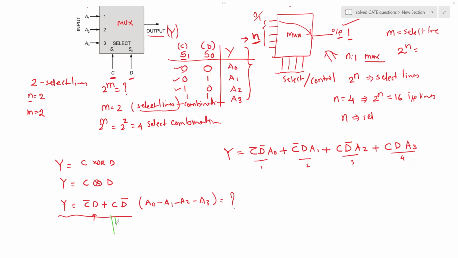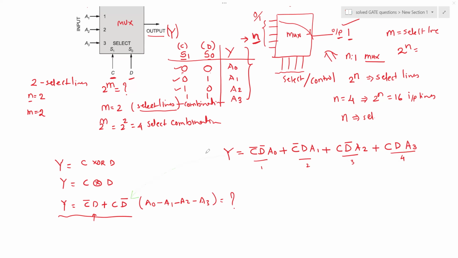But now we have to solve this puzzle. It says the output should be C bar D plus C D bar, which is basically an XOR logic. For that, what should be the values of the inputs from A0 to A3 so that Y will turn out like this? So let us solve this.